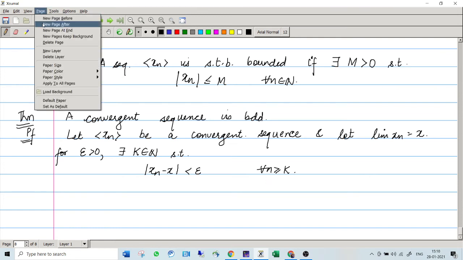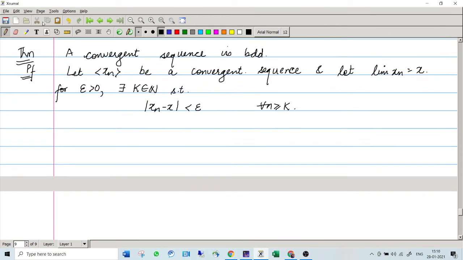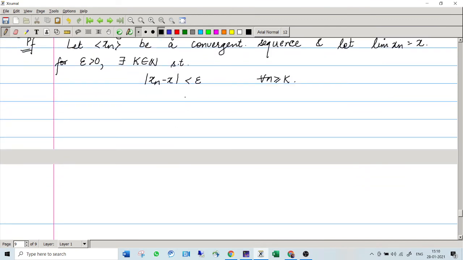And further, we would have that xn is between x minus epsilon and x plus epsilon for every n greater than or equal to k. Now, if this is true for every positive number, what if we take it to be 1? This will be true for epsilon equal to 1 in particular as well, because xn converges to x.